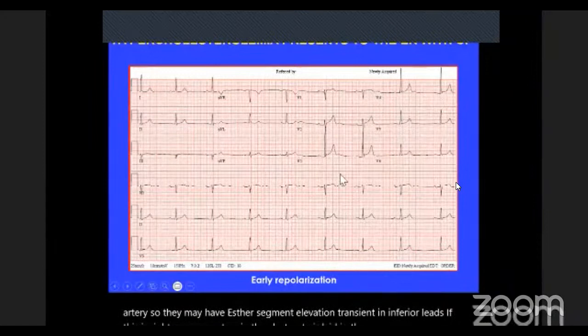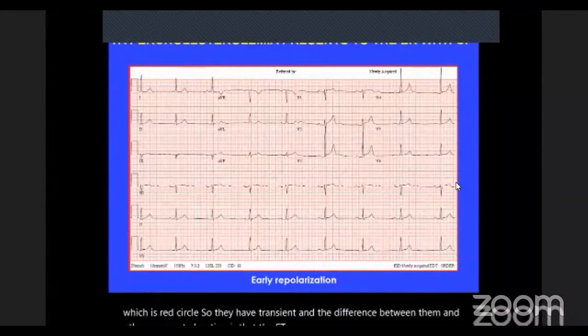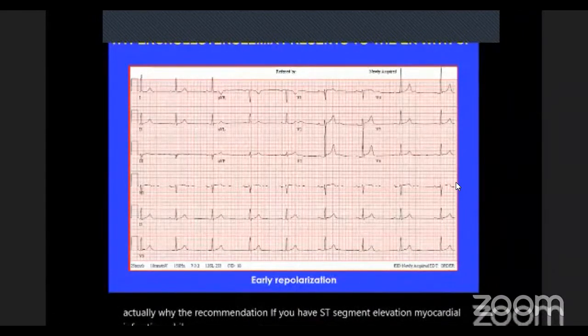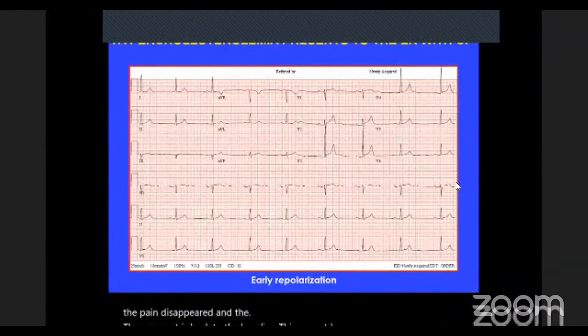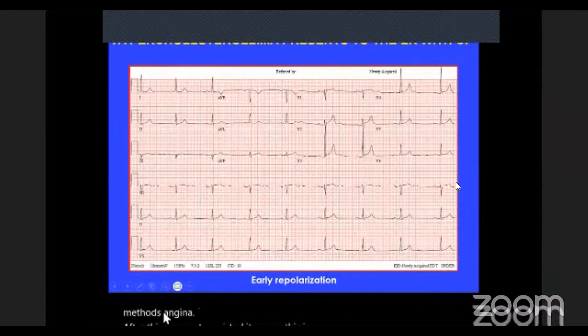The difference between them and other ST segment elevation is that the ST segment elevation is just transient. That's why the recommendation, if you have suspected ST segment elevation myocardial infarction, while preparing everything, is to repeat the ECG in 5 minutes. If the pain disappeared and the ST segment is back to baseline, this cannot be ST segment elevation myocardial infarction. This is just a spasm of the artery, which is Prinzmetal's angina. If the ST segment persisted, it means this is ST segment elevation myocardial infarction. It's a good point.